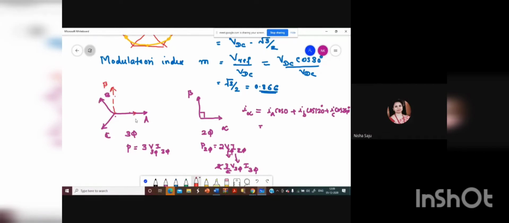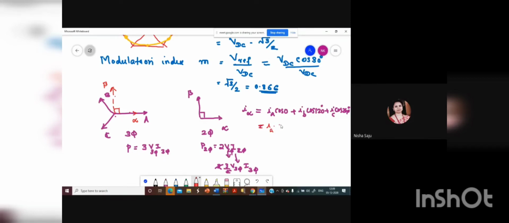I am changing this three-phase quantity to a two-phase quantity. So the alpha axis and the A axis are in the same direction. I alpha will be equal to IA cos 0 plus IB cos 120 plus IC cos 240, because you have to take all the horizontal components.